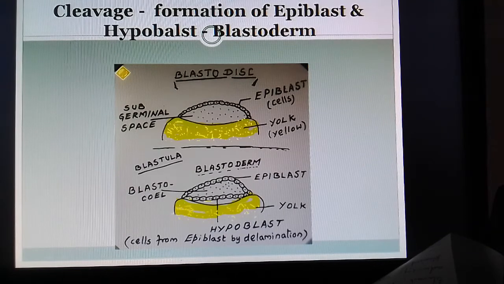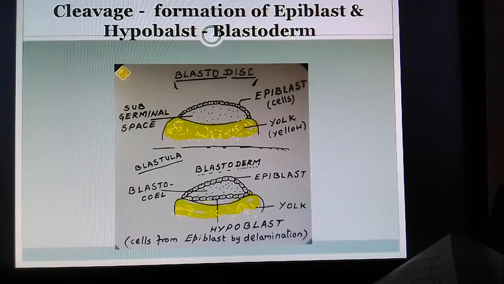So more or less this structure is similar to that of the blastula, what we assume in the case of frog. But it is not a separate structure as we expect in other cases. Here it is a part occupying the surface of the yellow yolk.